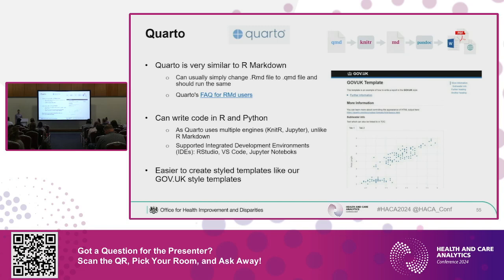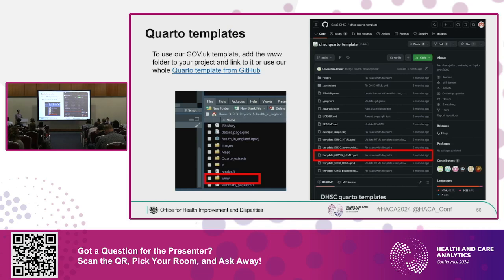And it's indeed easier to create style templates, so the gov.uk style template that we use for this is something that's been generated as a template that others can go away and use. That was ideal timing in terms of when we were pulling this together. One of our other teams was working on the templates project, so there could be a two-way feedback mechanism.